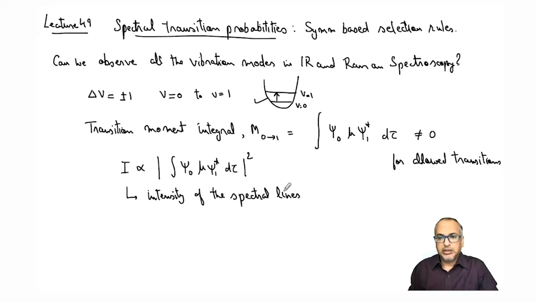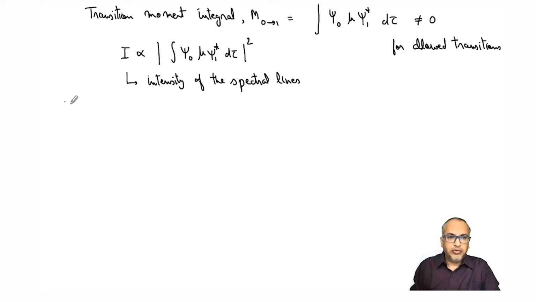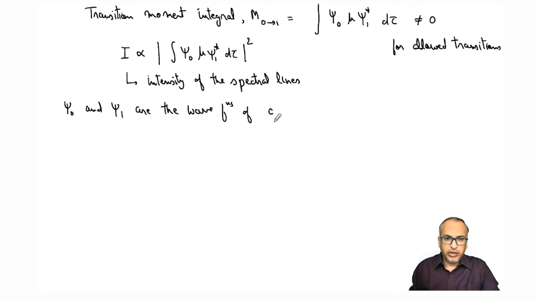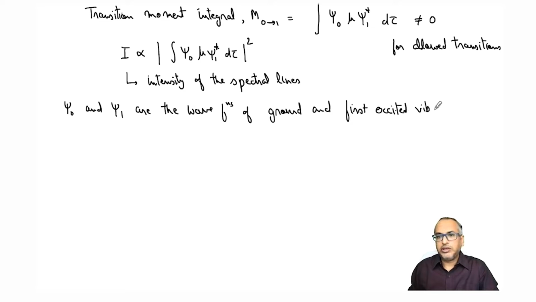So we know psi 0 and psi 1 are the wave functions of the ground state and the first excited vibrational state.